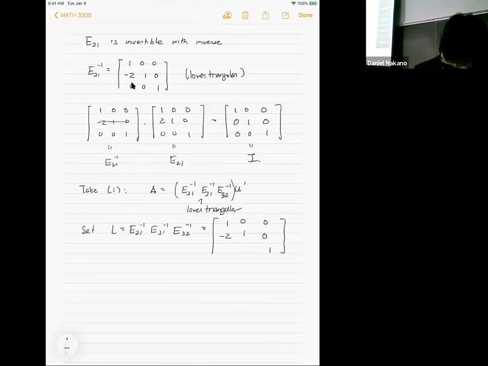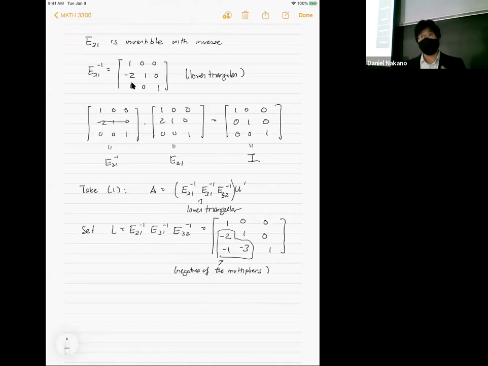So it's -2, so 2 is the multiplier there for E21, and then -1 and -2. So here you put the negatives of the multipliers. Okay, so once you actually know the multipliers, you just can shove them in the right spots with their negatives, and then that gives you L.